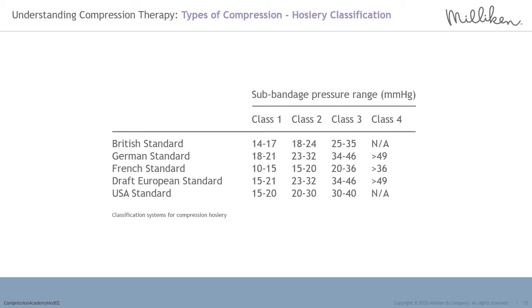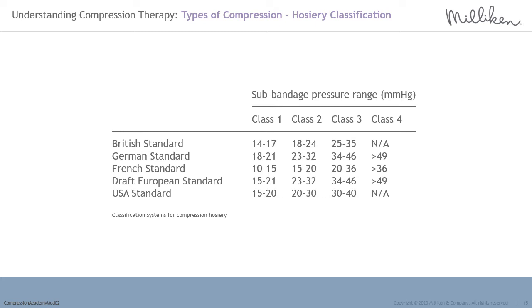The differences in millimetres of mercury pressure between these classes can vary significantly. Class 1, British 14 to 17, German 18 to 21, French 10 to 15, USA 15 to 20. Class 2, British 18 to 24, German 23 to 32, French 15 to 20, USA 20 to 30.